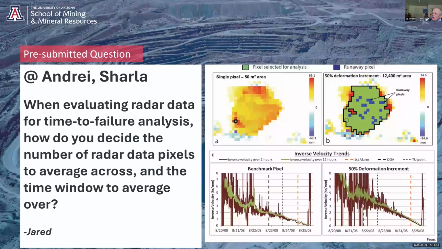It's already been mentioned, but I think what really needs to be stressed is understanding the failure mode. That will determine how you approach the radar-based data and how you interpret the radar-based data.